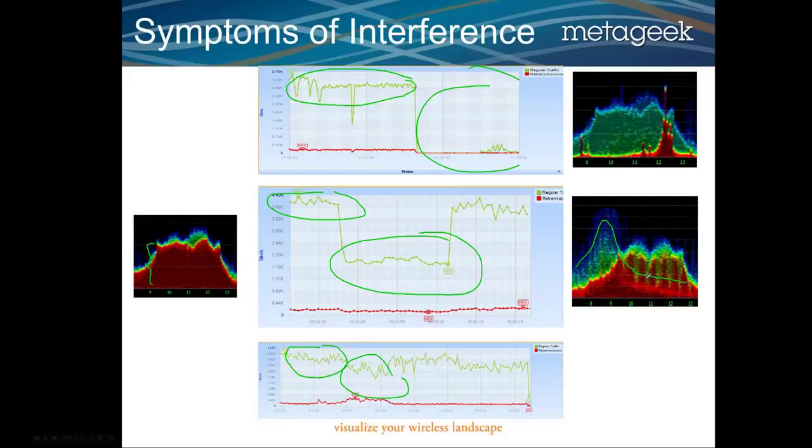So if you walk up to a microwave oven with a laptop and you have the spectrum analyzer running, start an upload or a download, and then turn on the microwave oven. You'll notice this exact same pattern. You'll see the microwave oven spilling over into the Wi-Fi and affecting throughput. This happens in office environments. They'll cook their lunch, and then they'll sit down at their desk and start browsing on their smartphone, and things aren't working, and that's because other people are cooking their food in the microwave oven.